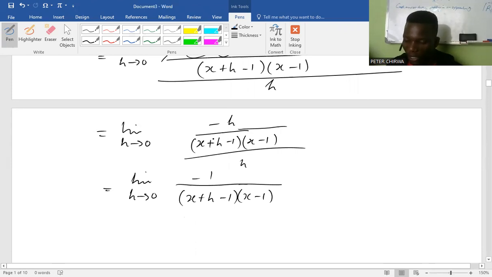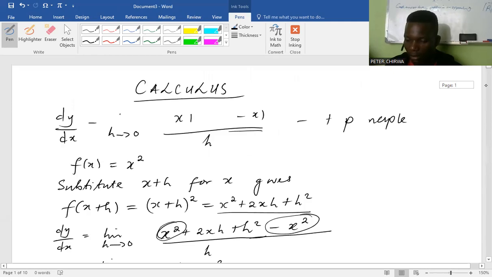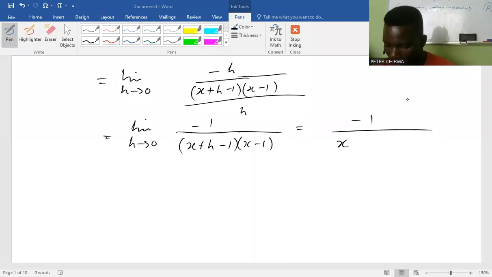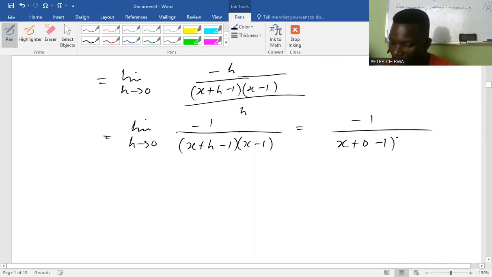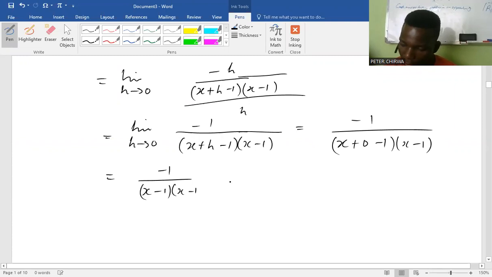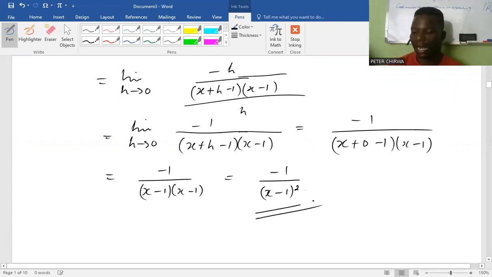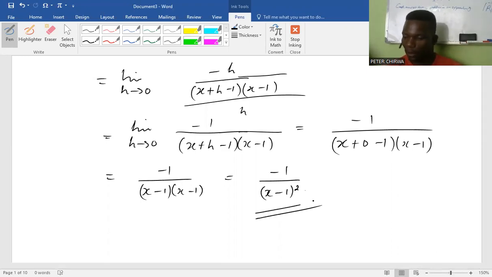So now we have arrived at this, and then we are going to have negative 1 over x minus 1 squared. So this is how you find the derivative of that one.